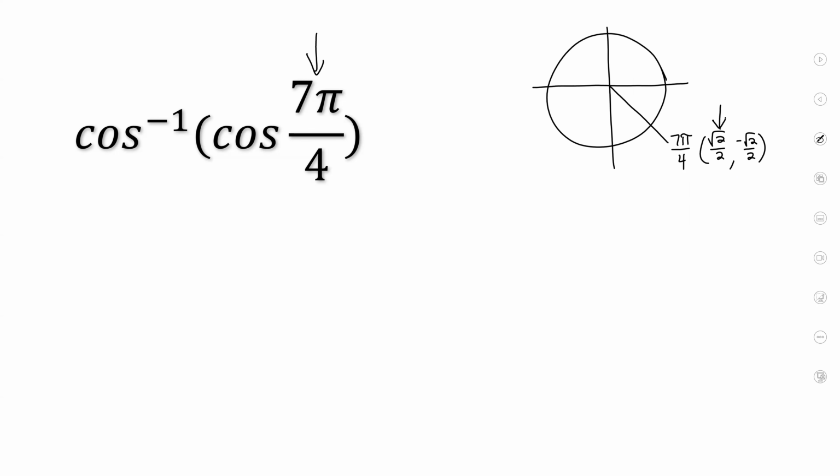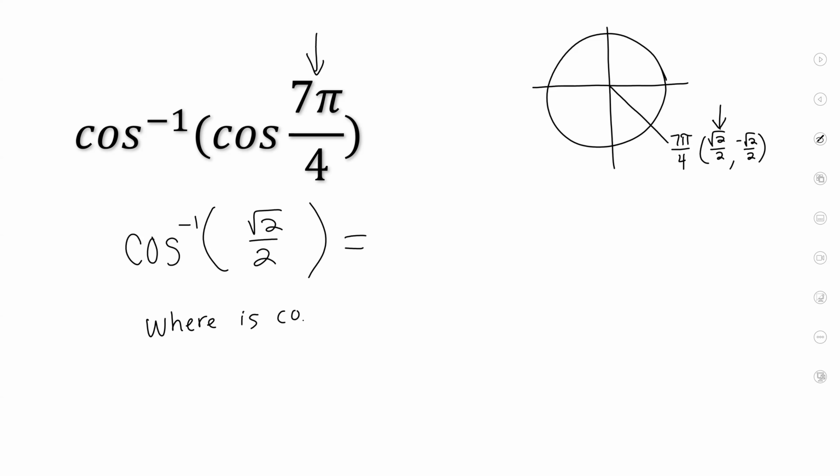So that means I can write this problem as cosine inverse of square root of 2 over 2. Now, how do we solve this? You need to ask yourself the question, where is cosine equal to square root of 2 over 2?